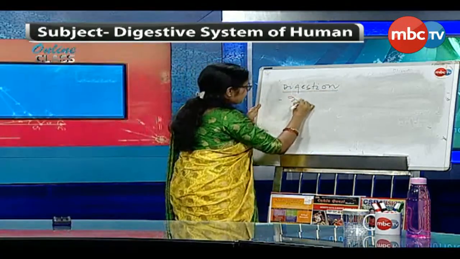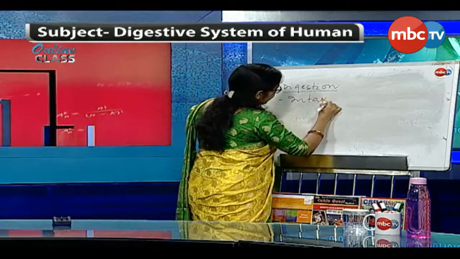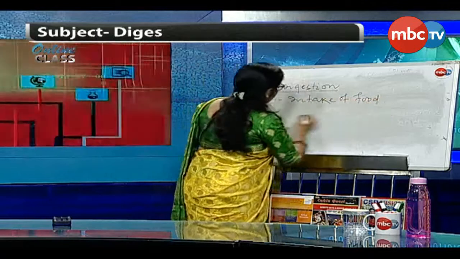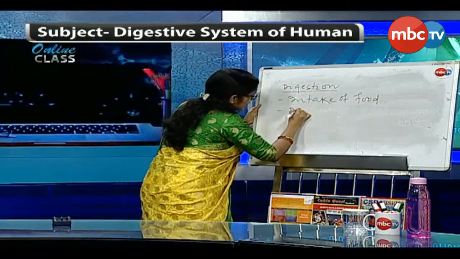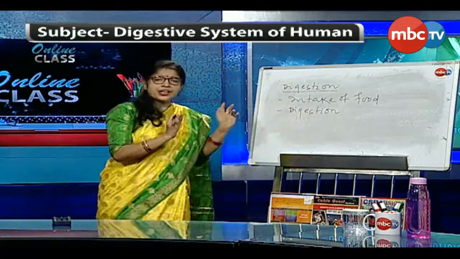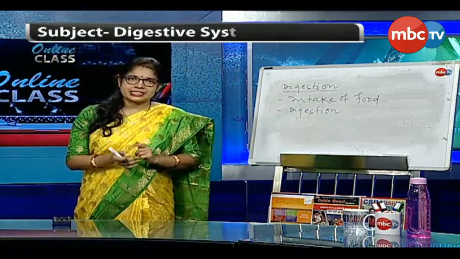In the first step, we are taking the food, that is intake of food material. Second step, there will occur digestion. During the process of digestion, a number of food substances will be digested.